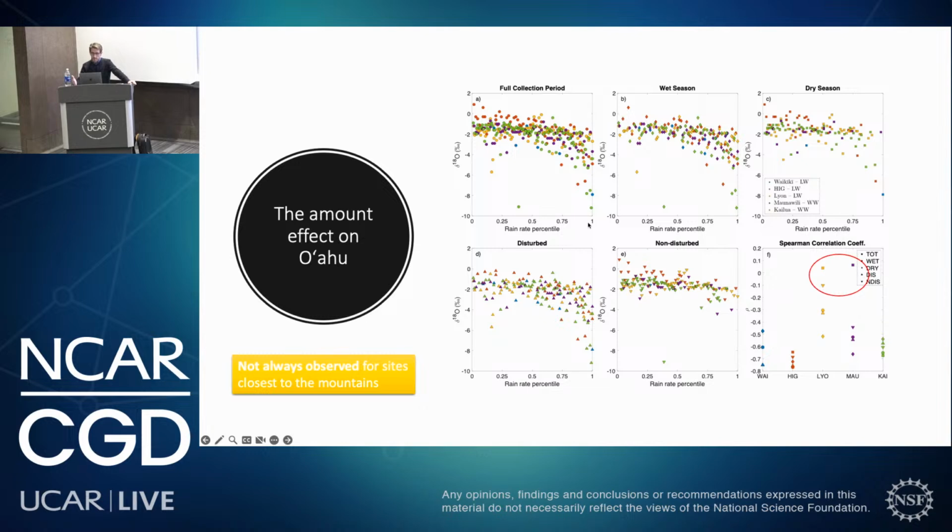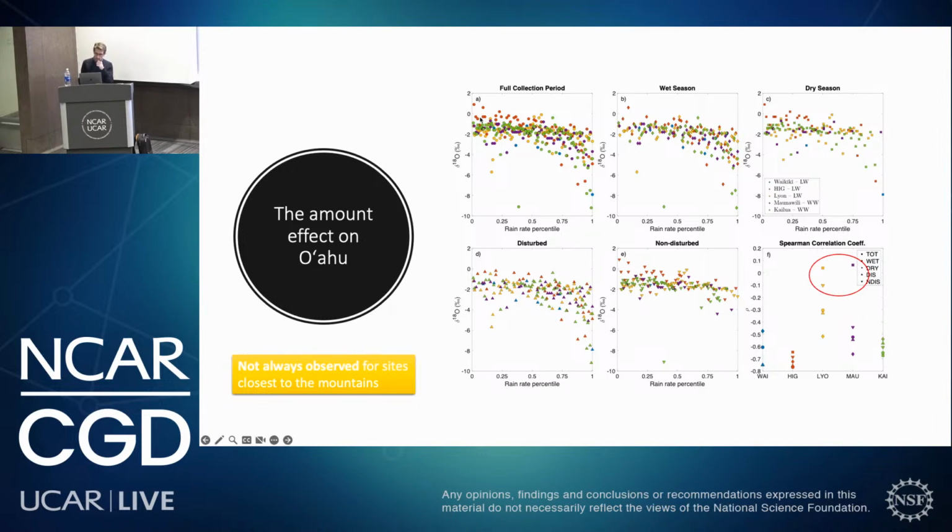However, because different sites rain differently, and I showed before that Lion Arboretum, for example, was receiving a lot more rain, we decided to plot them not in terms of the absolute rain rate, but in terms of the percentile of the rain rate. This made it possible to put all the different samples in the same plot, and to some degree to compare them in a somewhat fair, even fashion.